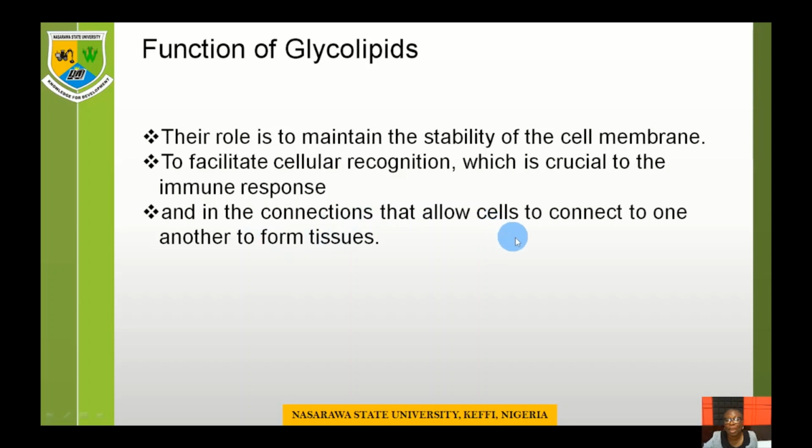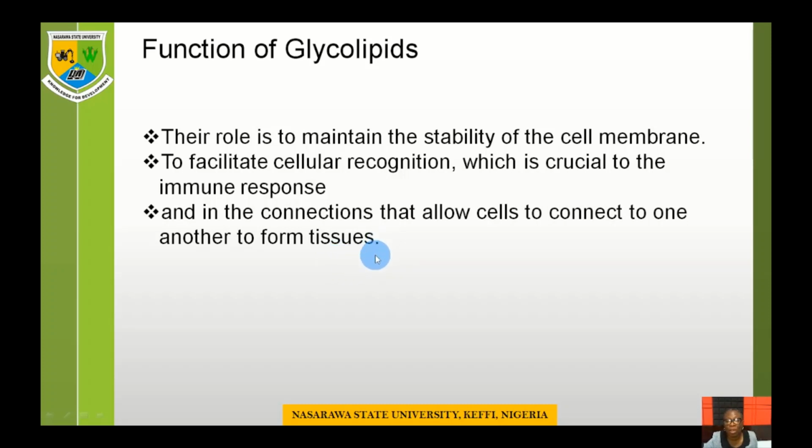Also, they allow cells to connect to one another to form tissues. Their presence on the membrane allows them to recognize other cells that belong to a particular tissue, and then they connect to one another to form tissue.